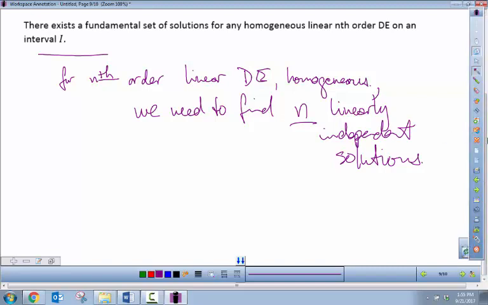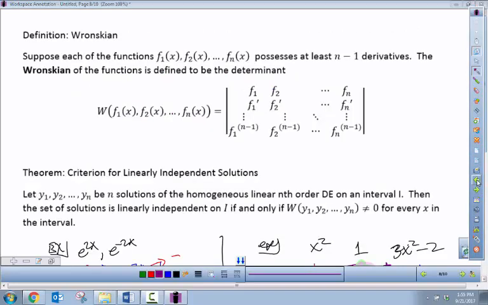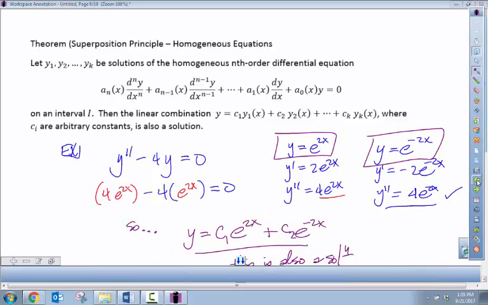And we know that the linear combination of them will be our general solution. The Wronskian will help us determine if it's linearly independent. Most of the time it will say one is sine x, the other one's a cosine x, so we know that's linearly independent. Or if you have e to the something and e to a different power, then we know that's linearly independent.